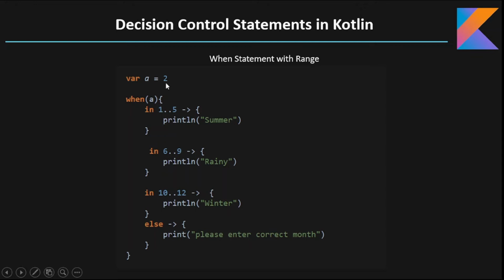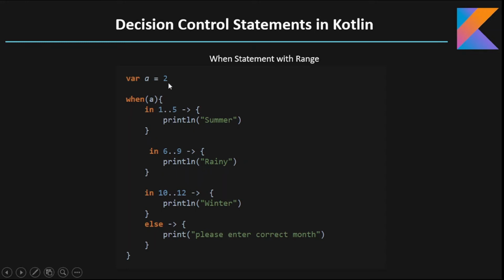If the value of a is 7, then what will happen? The execution will come here and check: does 7 lie between 1 and 5? No, so this block is not going to execute. Then it is going to check this case: does 7 lie between 6 and 9? Yes, right. So it will return the rainy season.